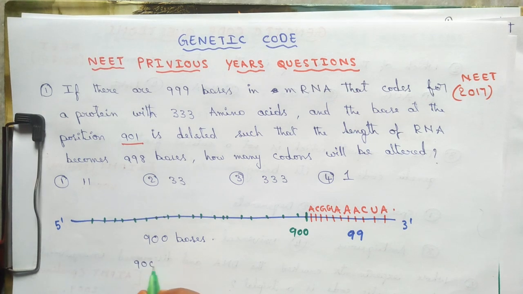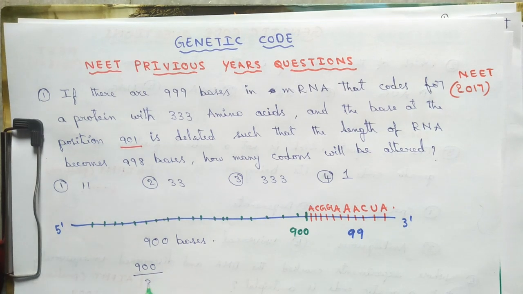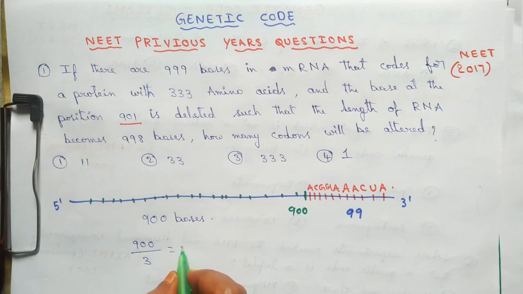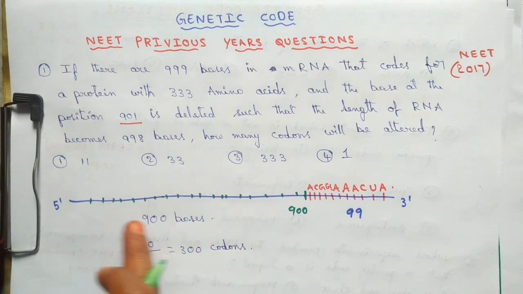So 900 by 3, we get 300 codons. Now these 300 codons are not altered, because these 900 bases are not altered.